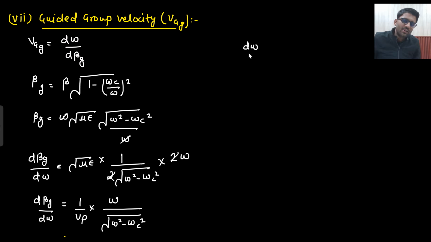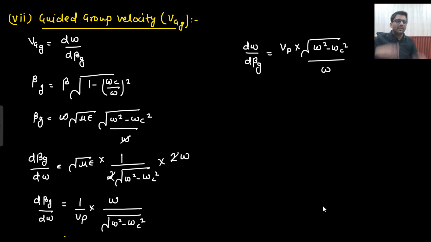So d omega by d beta g is equal to Vp into under root omega square minus omega c square divided by omega. Now this omega goes into the under root as under root omega square. If I need to take the complete under root, this is how I will be taking it.